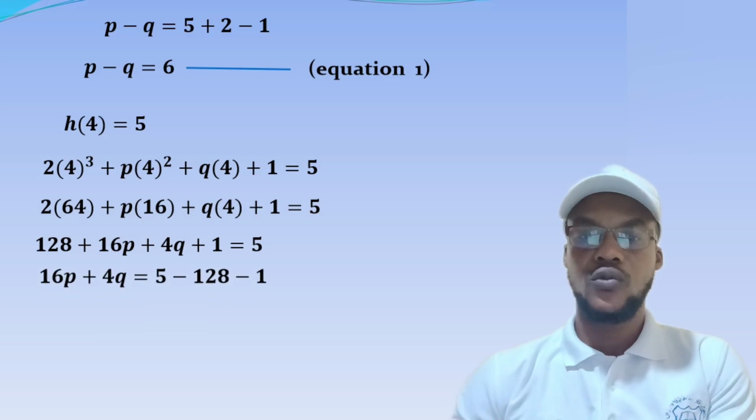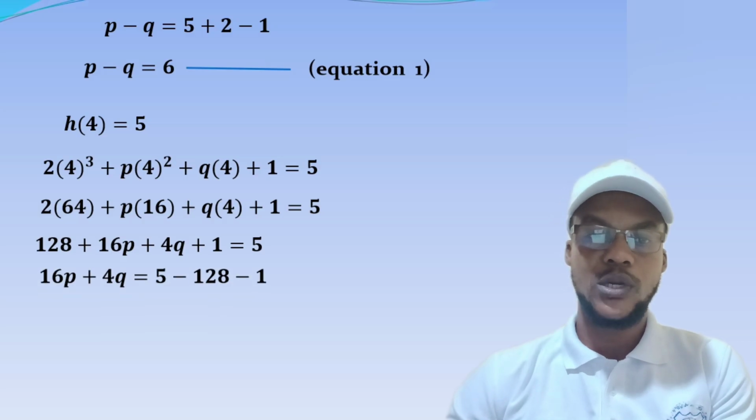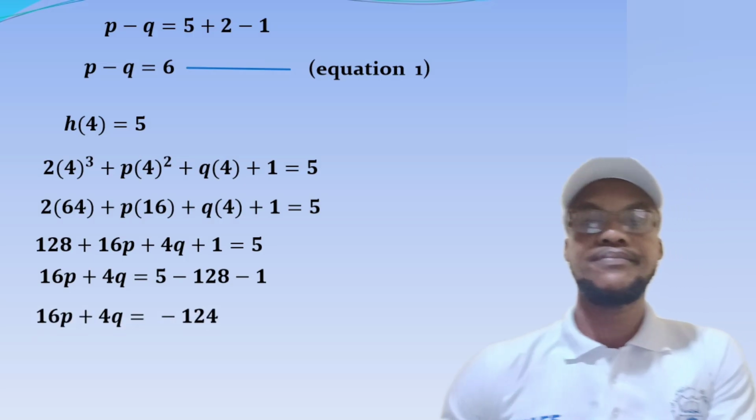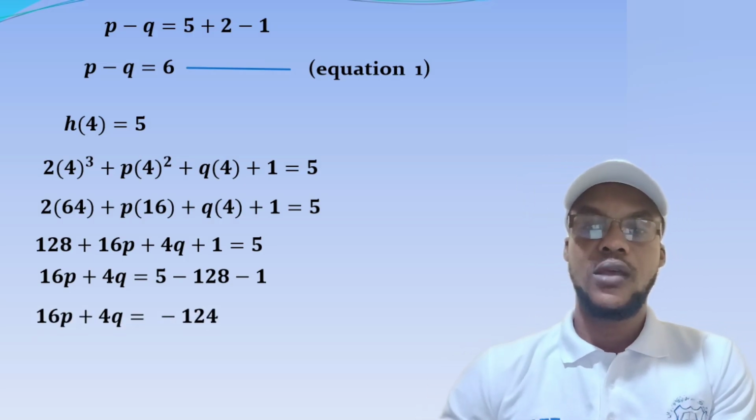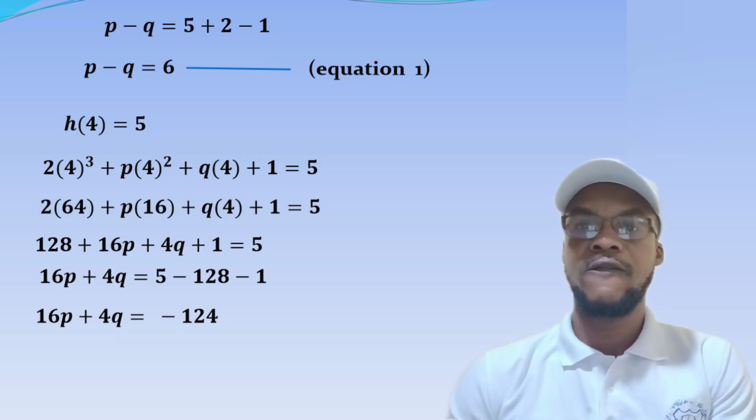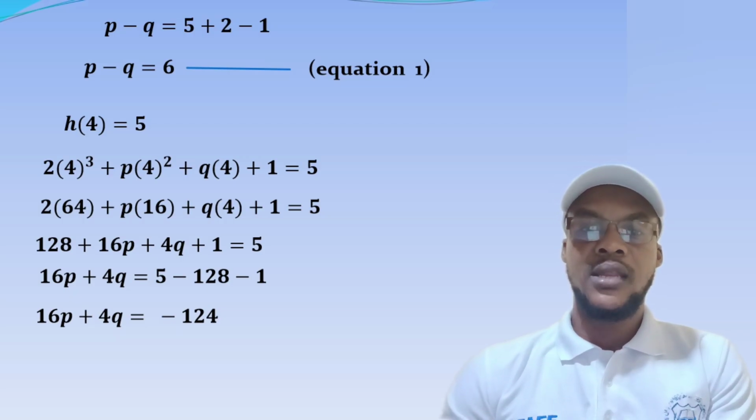So we can group like terms, and this is what we have. We therefore have 16p plus 4q is equal to -124. That is what we have. Now if we have this one, we can still reduce it.